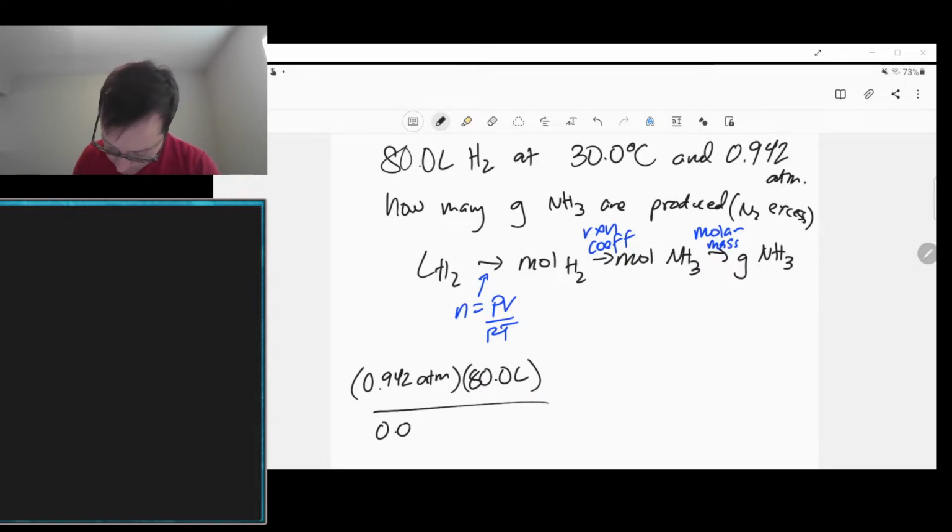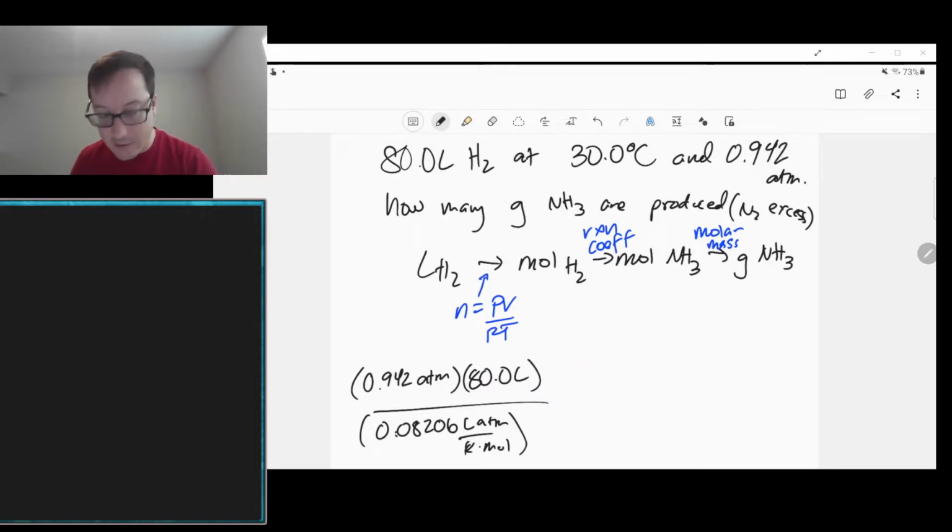R. And yes, you must put your entire gas constant with all those units there. And then we have temperature, which I'm going to cheat and just add 273.15 to the Celsius. Just remember that we can't use the Celsius directly. All right, so that's our moles of hydrogen.